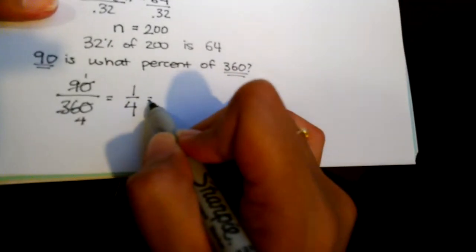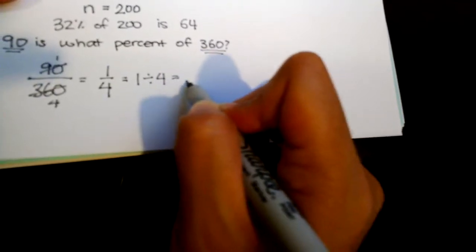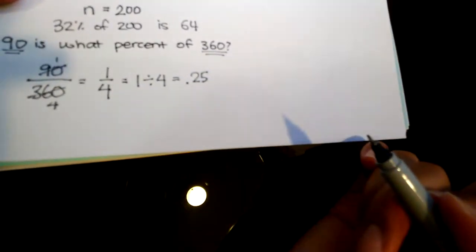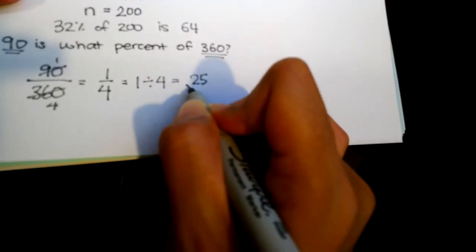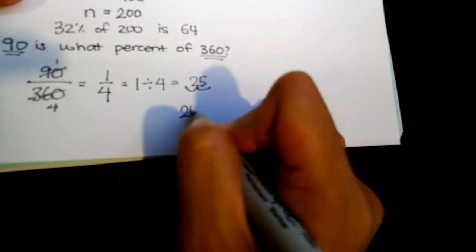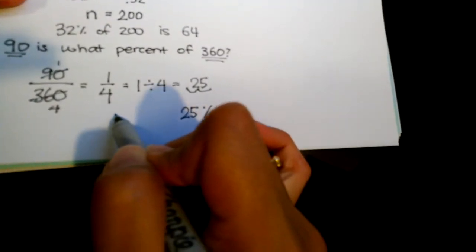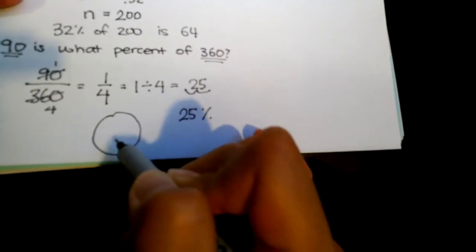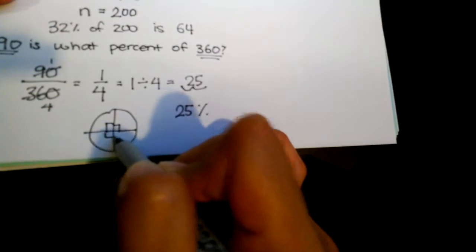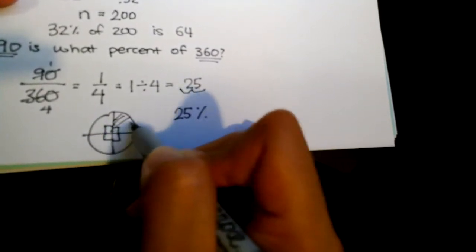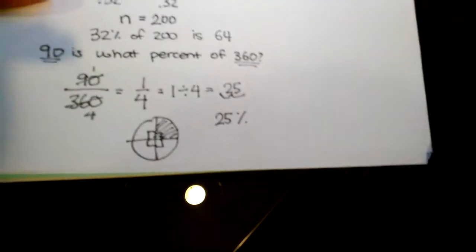If we do 1 divided by 4, we get 0.25. Converting that into a percentage, we move the decimal 2 places over, so it's 25%. Pictorially, if the entire circle is 360 degrees, there are 4 of these 90-degree parts, so if we want just one of them, it's 1/4 or 25% of the whole.